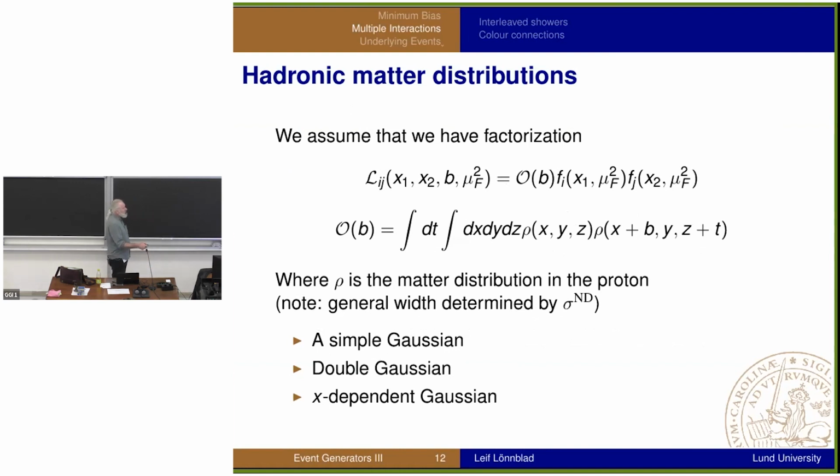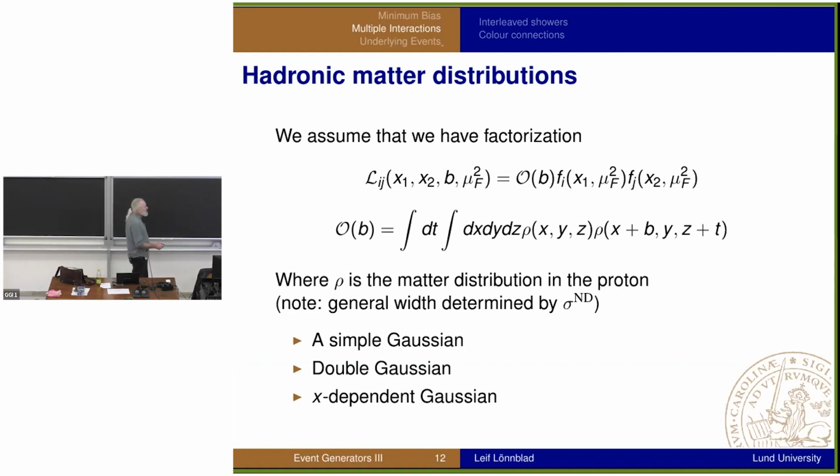And this can be assumed to factorize more or less, so that it is the product of the two parton densities times some overlap function, which we can calculate if we know the density in space of a proton, because of how much was the overlap in space-time.